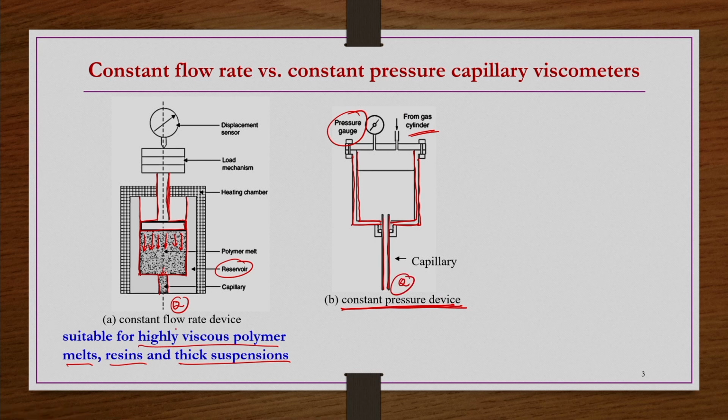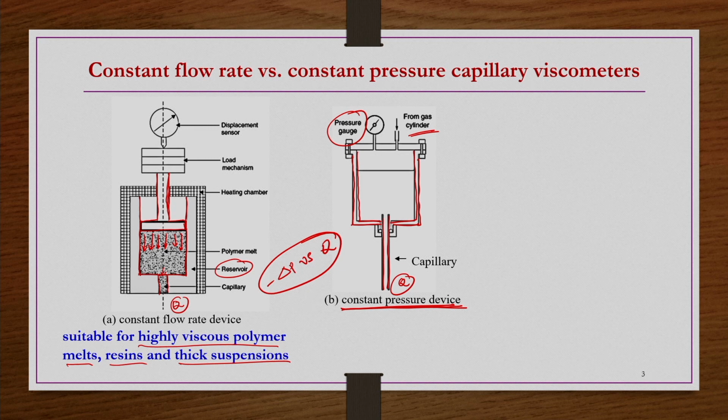So, whether you use the constant flow rate device or constant pressure device, ultimately you are getting pressure drop versus volumetric flow rate information only. In one case you are keeping the pressure drop fixed, in another case maybe the volumetric flow rate fixed, right.